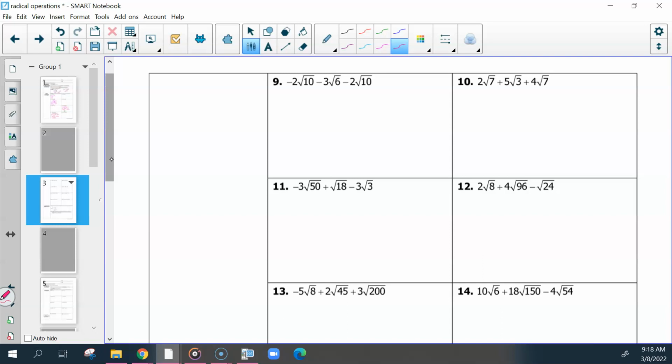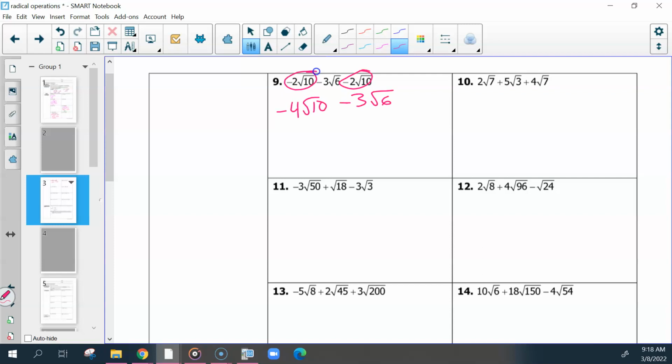Square root of 10 is as far as we can go. So now we have to see which ones we could add or subtract together. So if we combine those two, what would that be? And then we would bring the other one down.